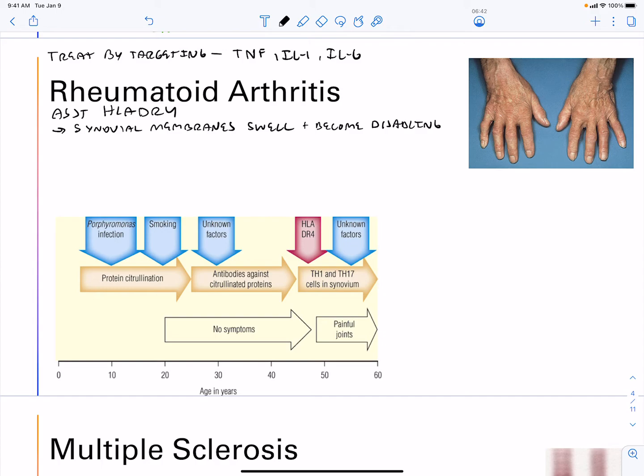It can also impact lungs and your skin and your eyes. It's going to be a Th1, Th17, TNF alpha are all going to play a role. It has unique antibodies.